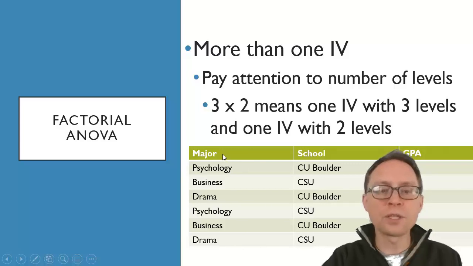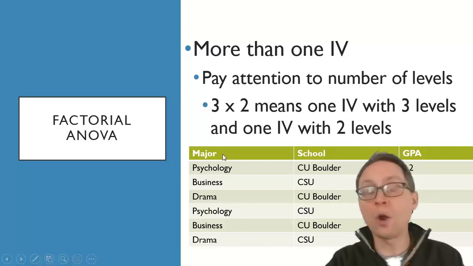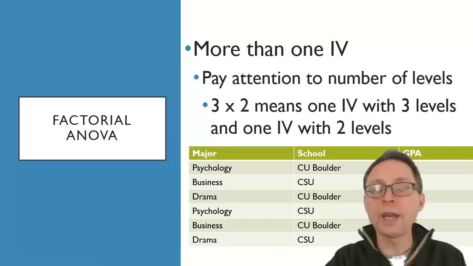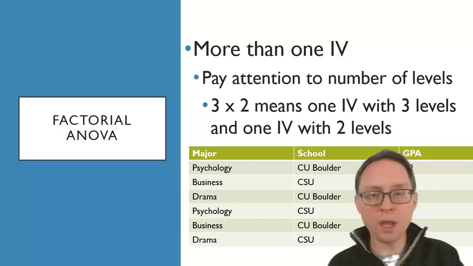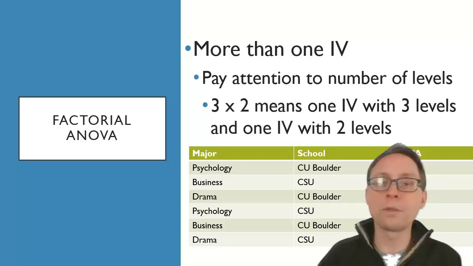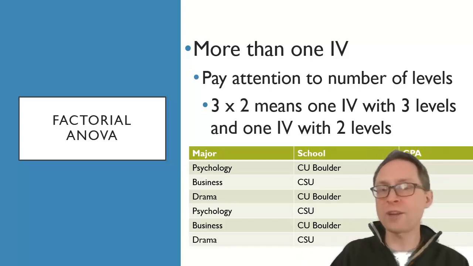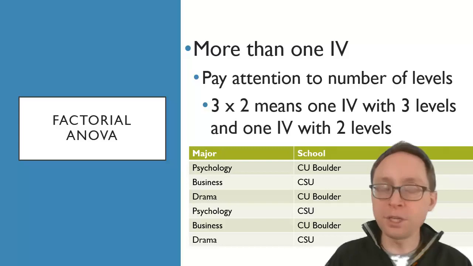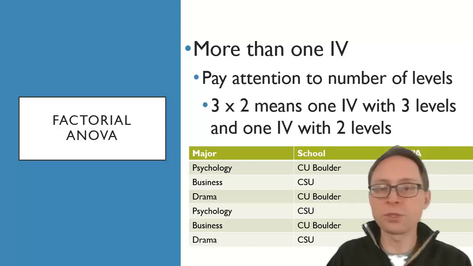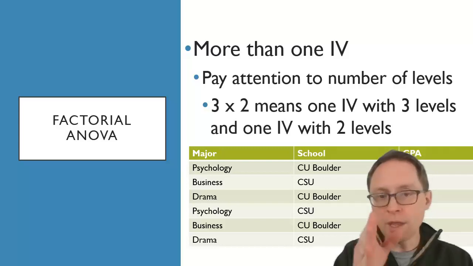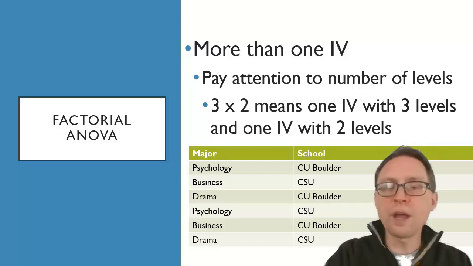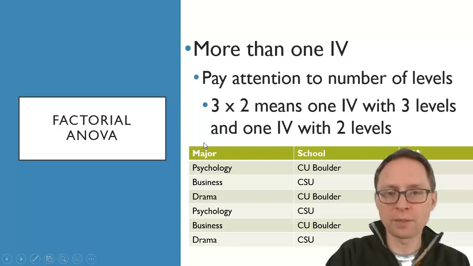Now when you look at this, you need to make sure you understand how many factors you have and how many levels are in the factors, because the way we're doing analysis of variance, we're only using categorical factors and a continuous dependent variable. So when you're looking at your factors, your independent variables, you need to know how many levels we're talking about.